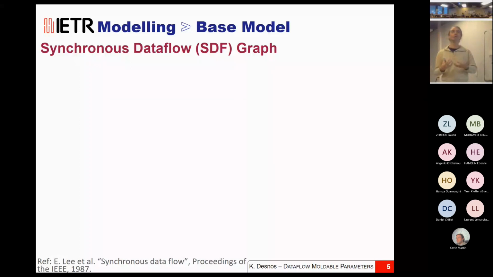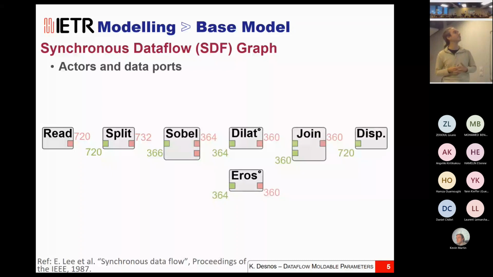I'm a Dataflow guy, so the basic model that we use for specifying the model of the application is the Synchronous Dataflow graph, the Synchronous Dataflow model of computation, which has been around for longer than me, actually. And in this model of computation, the application is described with a graph, which is composed of a set of actors, which are basically functions that you can call.